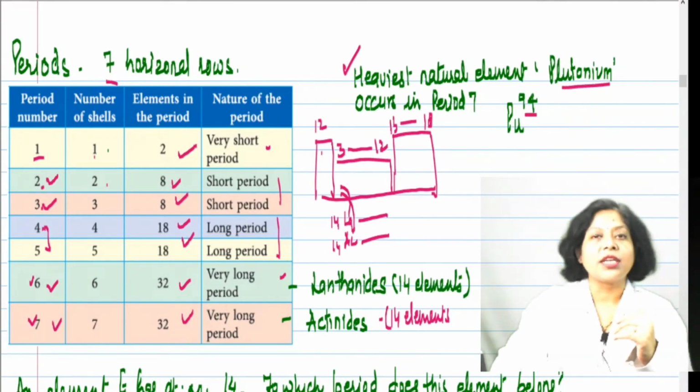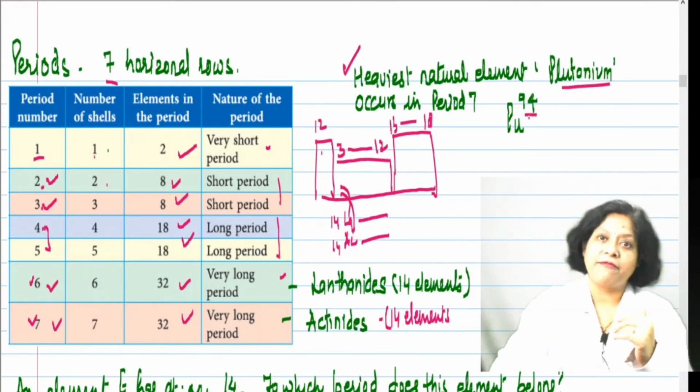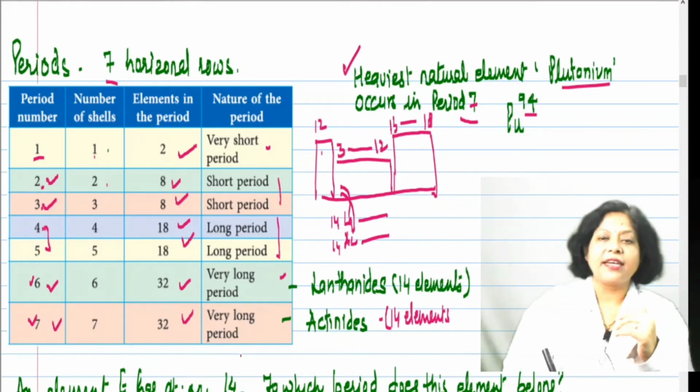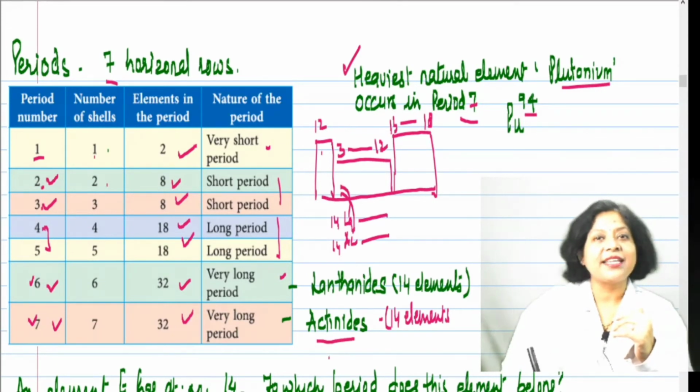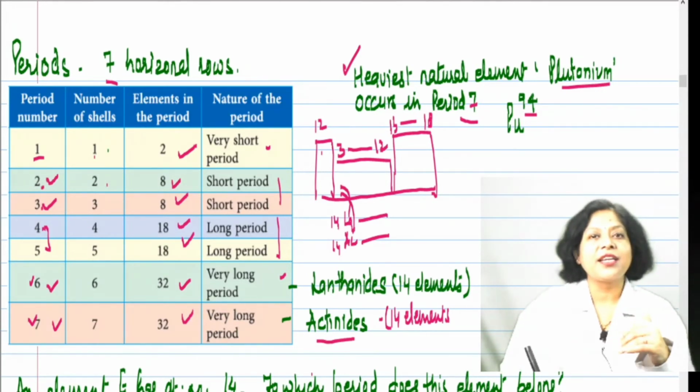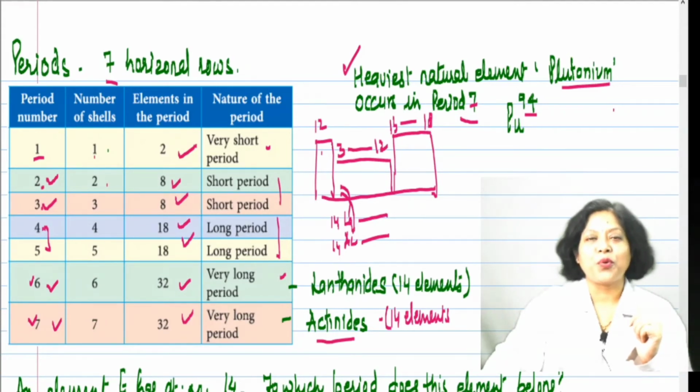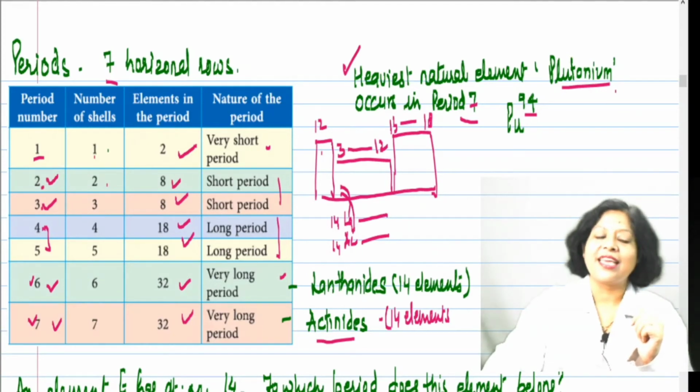It has atomic number 94, and it occupies period 7. So the position is period 7, and it is in the actinide series. Your target is to open the periodic table and try to locate plutonium. Is this clear? The heaviest naturally existing element.